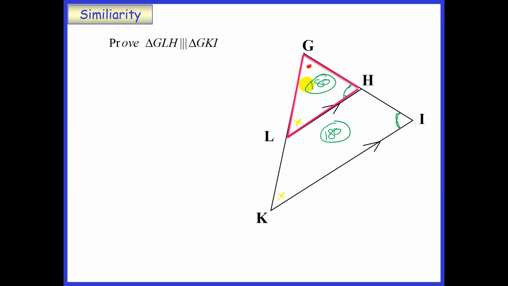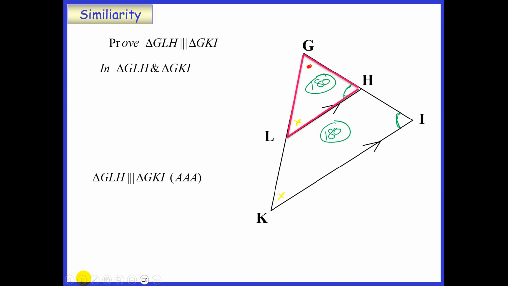I know some of you may be thinking also corresponding angles, but in similarity, all we have to do is prove two angles equal, and the third angle will be equal due to the sum of angles of a triangle.